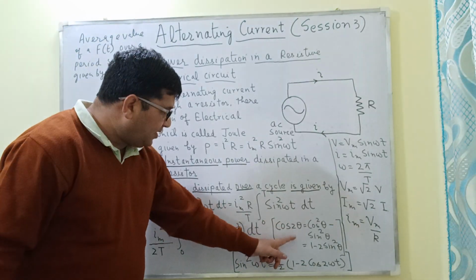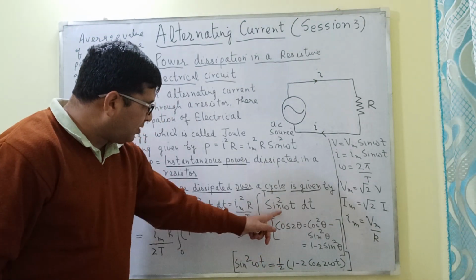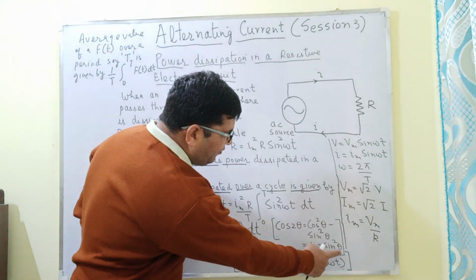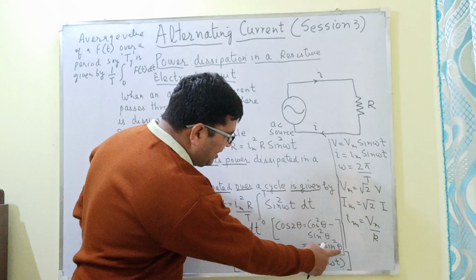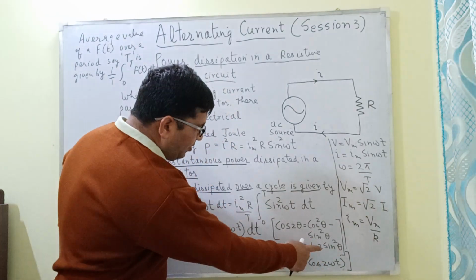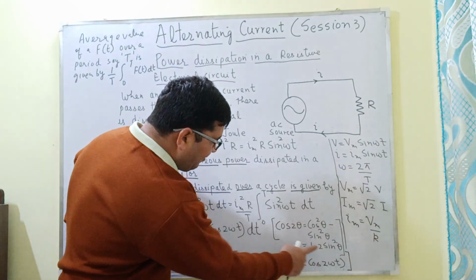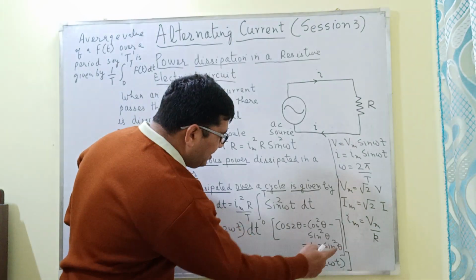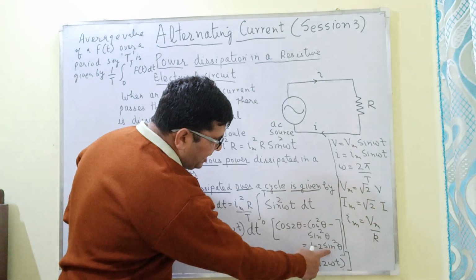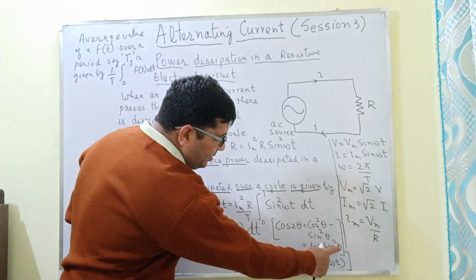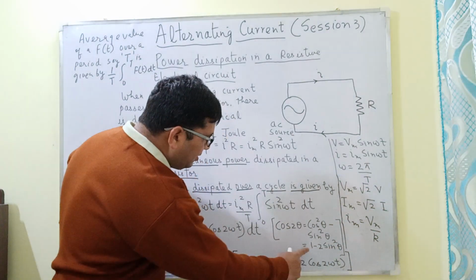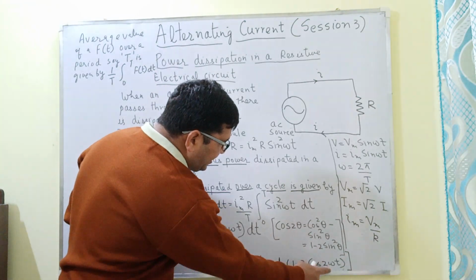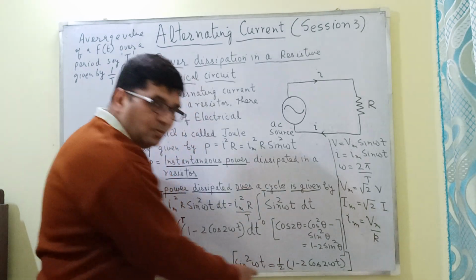You just substitute the value of theta by omega t, so what I get is 2 sin square omega t will be equal to 1 minus cos 2 omega t, so sin square omega t is 1 minus cos 2 omega t divided by 2.